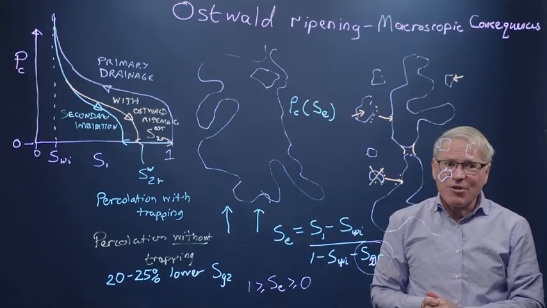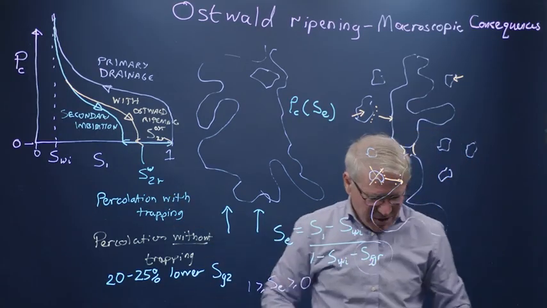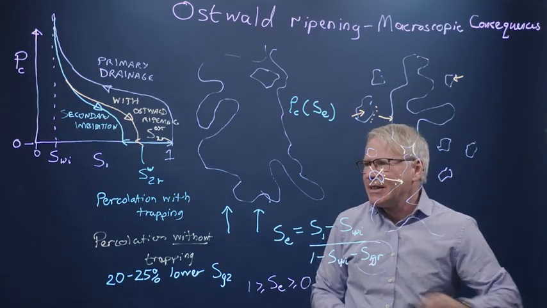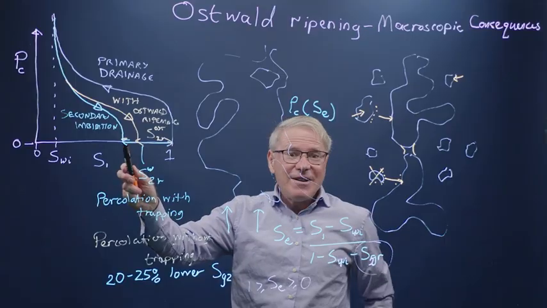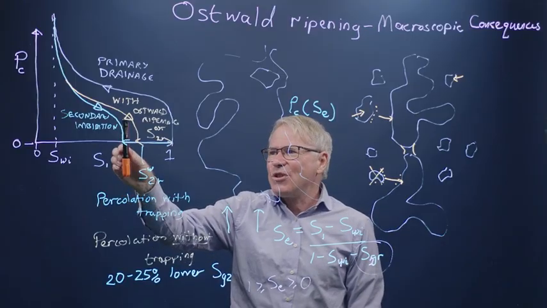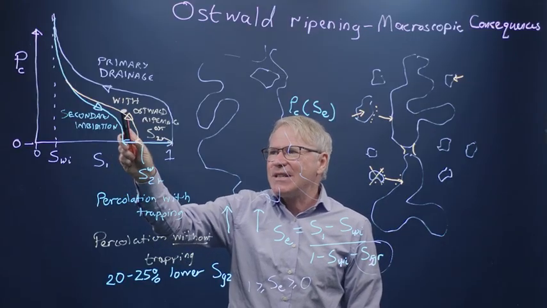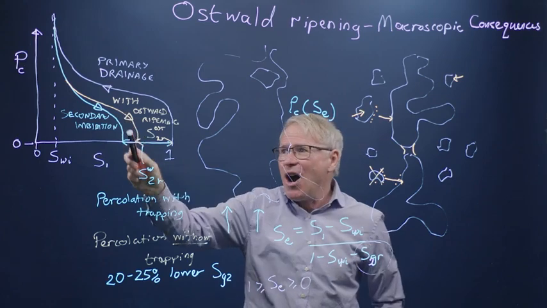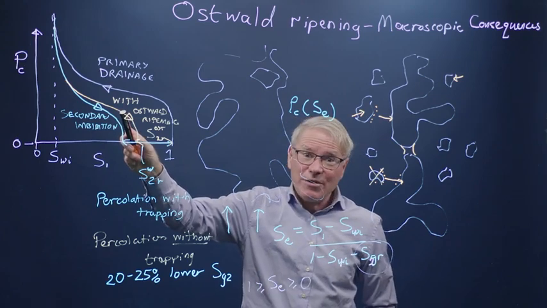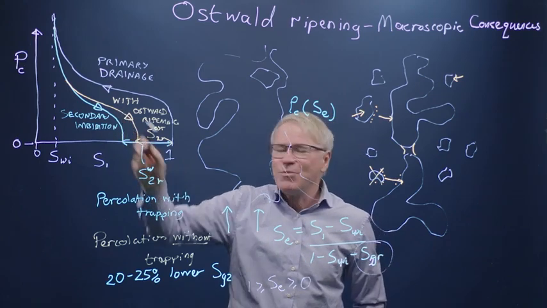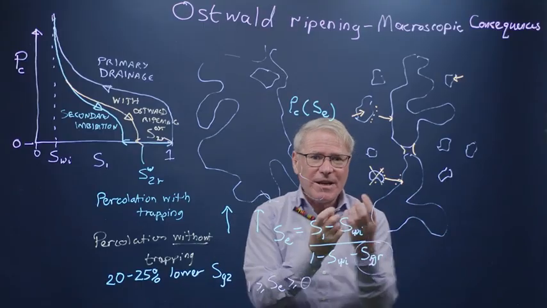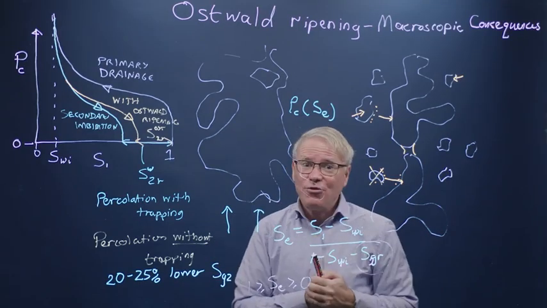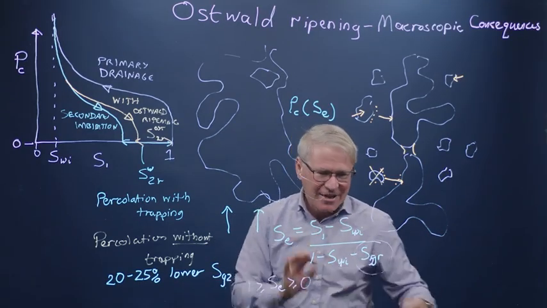And because of capillary pressure hysteresis, if I start here and then allow the saturation to be the same, I don't necessarily go up to exactly where percolation without trapping would be. Because percolation without trapping is all imbibition events. I'm not actually forcing anything in drainage. So that's the first subtlety.